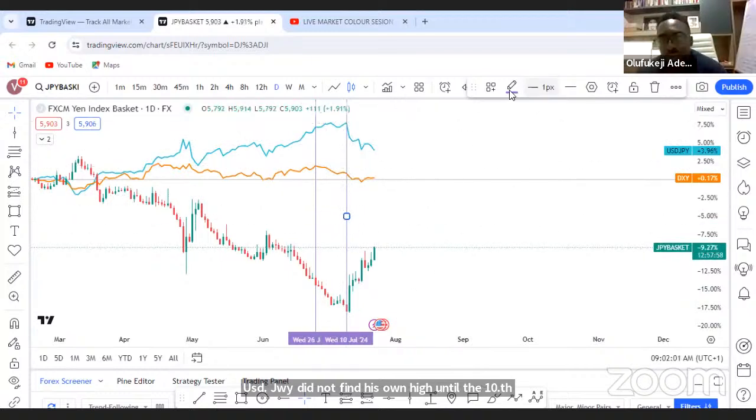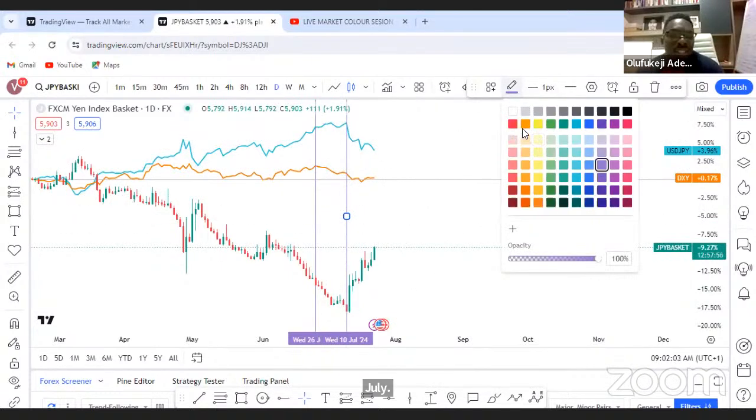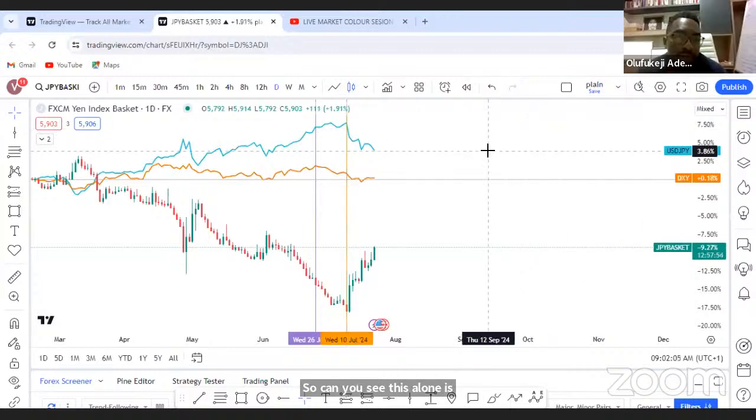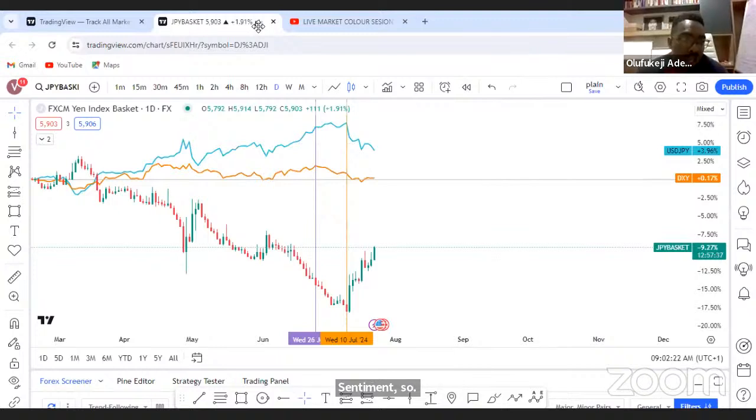So this alone is a pure explanation of sentiment. This is how the bigger boys determine sentiment, for those of you seeing this for the first time. So we now see why USD JPY is collapsing.